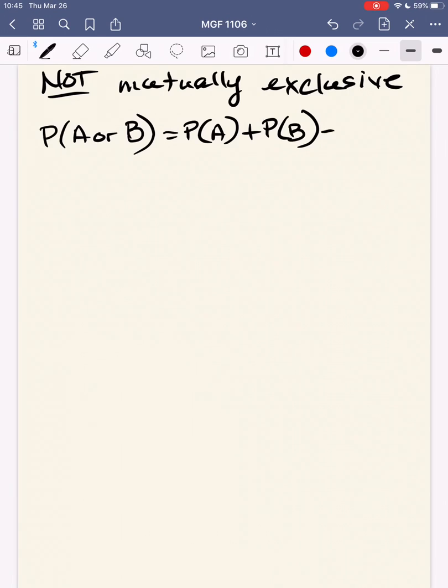So we want to look at the probability of A or B: the probability of A occurring, added to the probability of B occurring, minus the probability of A and B. And I'm going to look at example 9.